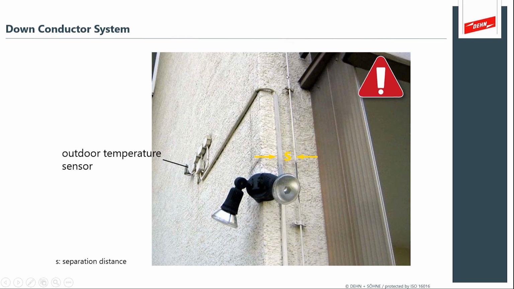It'll come down the down conductor system, which is what you want, but you got to pay attention to your separation distance. So what's important is that it's a nice photograph of paying attention to all of the parameters at the same time. You have to always pay attention to separation and the location of your down conductor system.